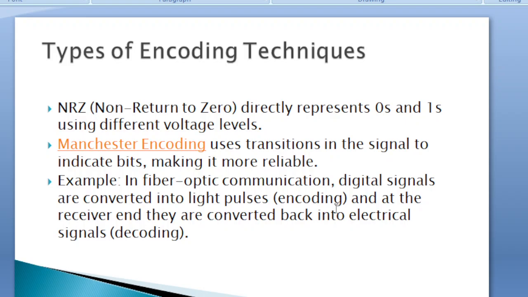Non-return to zero and Manchester encodings are the two types mainly used. In NRZ, we directly represent zeros and ones using different voltage levels. Manchester encoding uses transitions in the signal to indicate bits, making it more reliable.